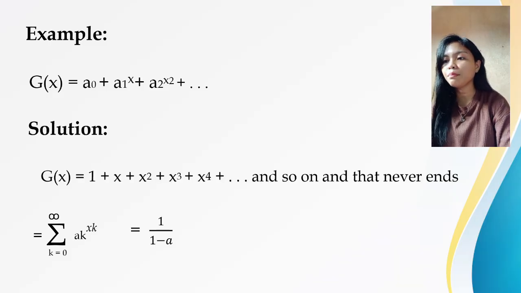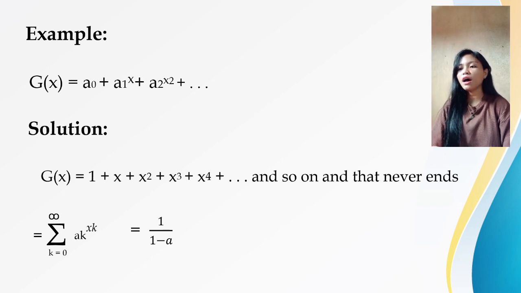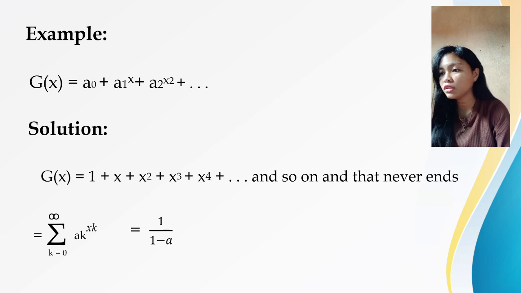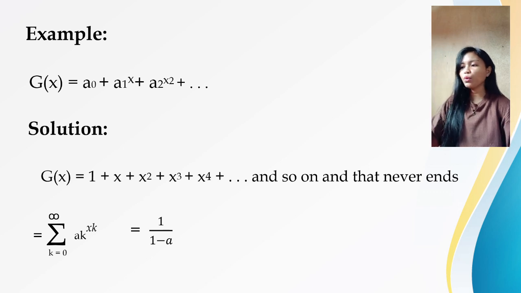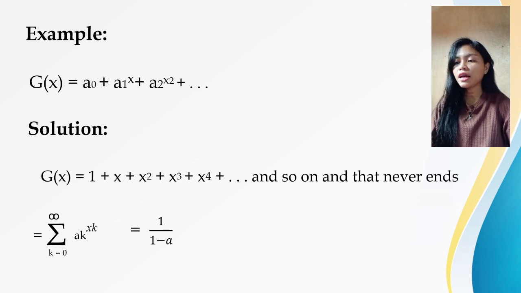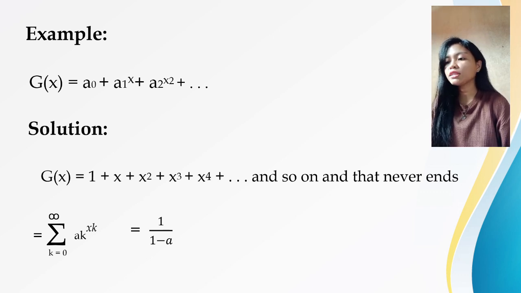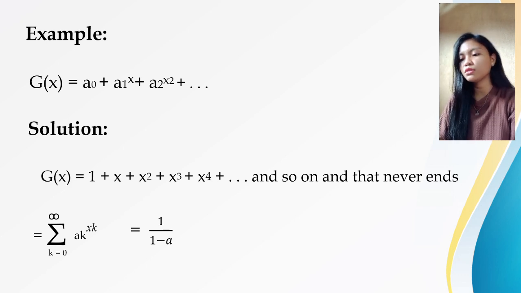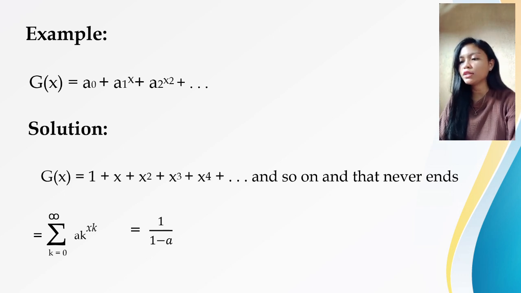So we have here an example: capital G of x equals the sum of a_0 plus a_1 x plus a_2 x squared and so on. Let's see the solution. G of x equals 1 plus x plus x squared plus x cubed and so on, the sum from k equals 0 to infinity of x^k, which equals 1 over 1 minus x.